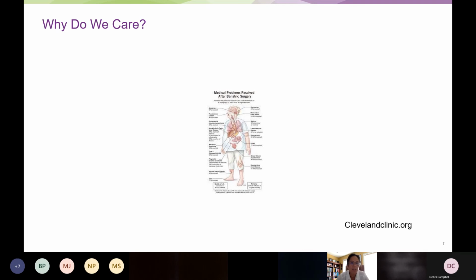Hypertension gets better 50% of the time. Reflux gets better 75% of the time. Stress incontinence gets better 40% of the time. And joint pain gets better 40% of the time. So the health benefits of losing weight are pretty tremendous. Next slide.